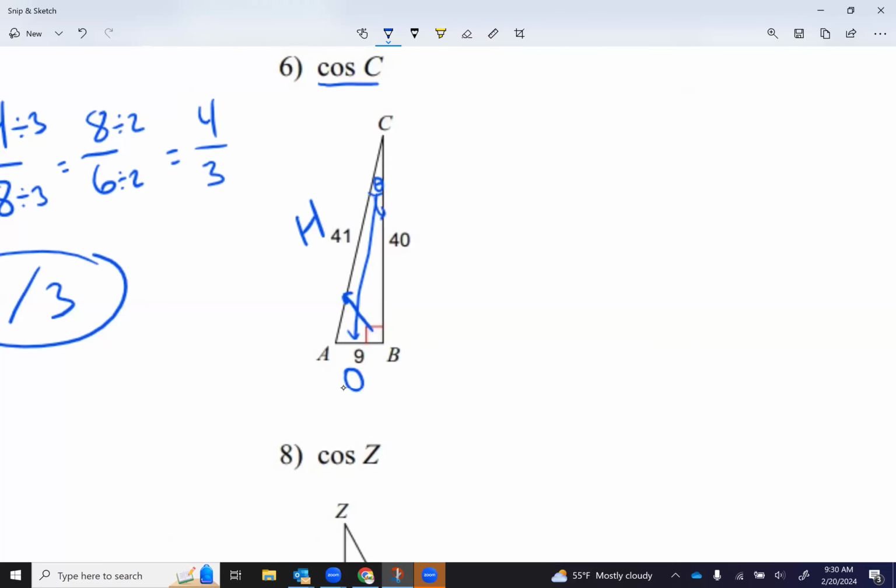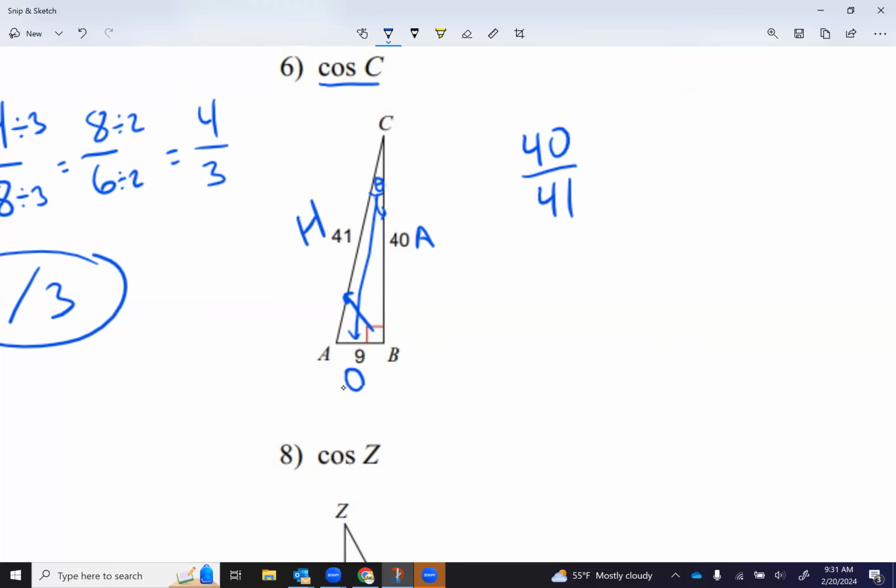Close to theta, that's what I call adjacent. Now remember, according to my table, cosine is adjacent over hypotenuse. So I'm going to go 40 over 41. Can we simplify that even more? No, in this case we cannot.